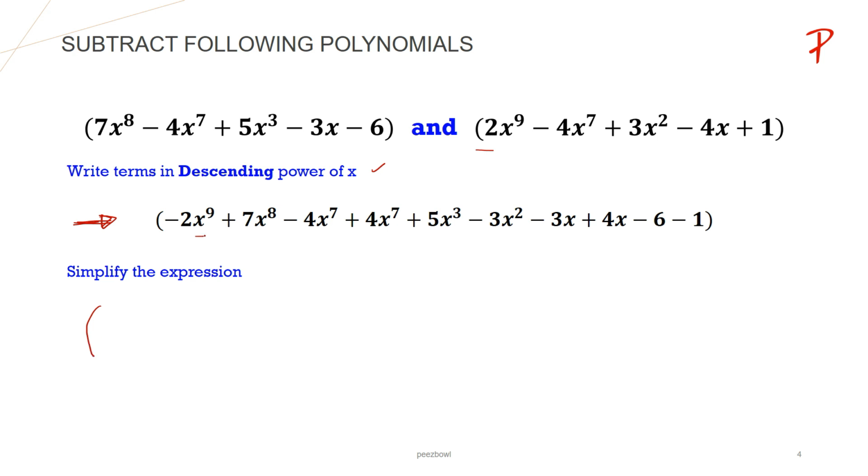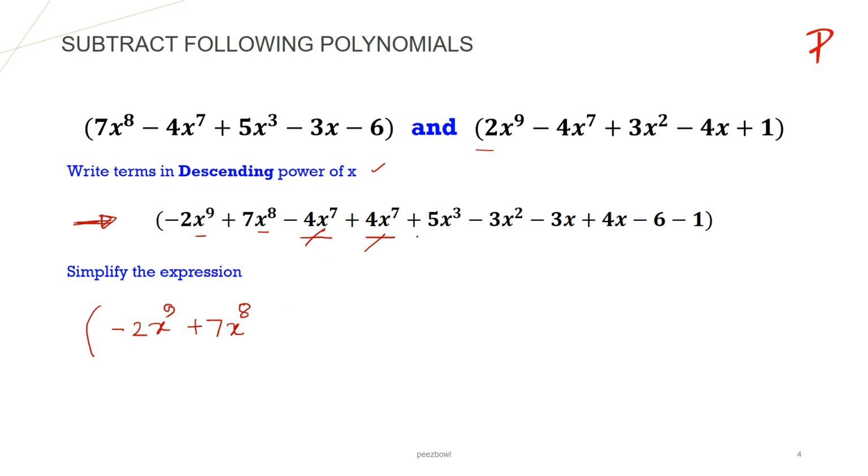So x to the power 9, we do not have any other term having similar power of x. So I will write it as it is, minus 2x to the power 9. Same with x to the power 8, we do not have any other term having similar power of x. Then here minus 4x to the power 7 plus 4x to the power 7 will cancel each other, and we will have nothing for x to the power 7, right?